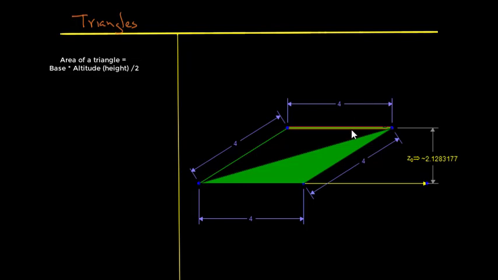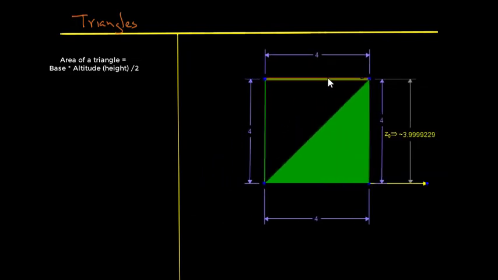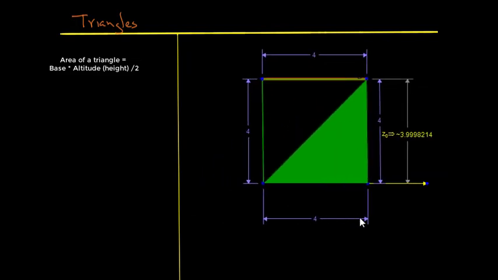So my recommendation is, anytime you can find the base and the height, that's what you use to solve the area of a triangle. There is another way, and it's a little more complicated. We'll talk about that.